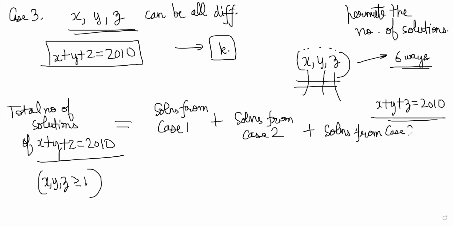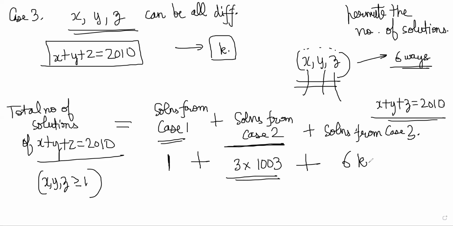What is this case 1, case 2, case 3? Case 1 was when x and y and z are all equal to each other. That was only one solution. Case 2 was basically 1003 solutions where 2 of the numbers were equal, right? And the 2 numbers that are equal can be picked in 3 ways. The unequal number can be either x or y or z, right? So you get 1 plus 3 times this plus 6 times k.